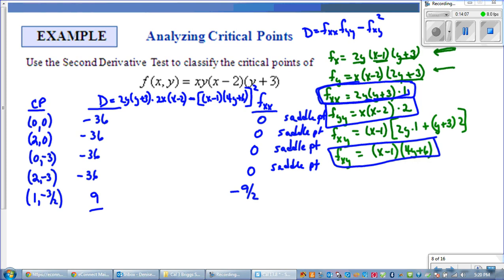And now we have a positive D here with the second partial derivative of x being negative, which means concave downward, which means we've got a local maximum at the point (1, -3/2), and the local maximum is actually whatever the z value is, so it would be whatever f(1, -3/2) is.